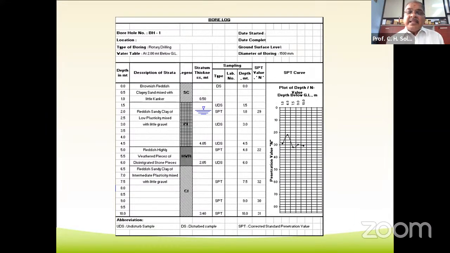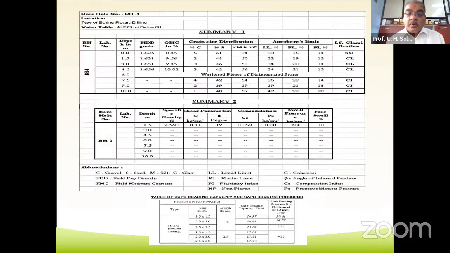In continuation with this, the laboratory results are to be presented in the bore log. The laboratory results are presented in this form. The OMC and MDD are presented. For all the bore logs, these test results may or may not be there.